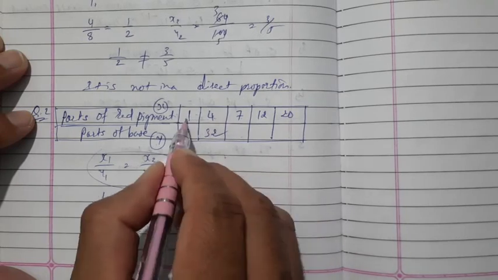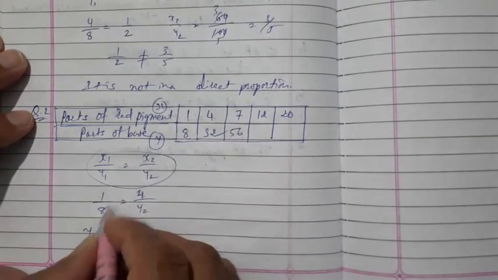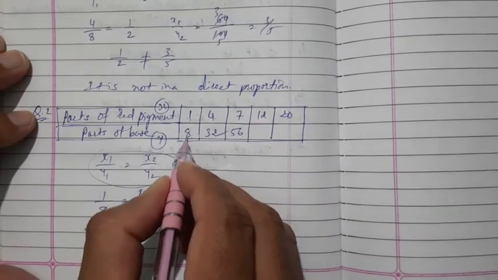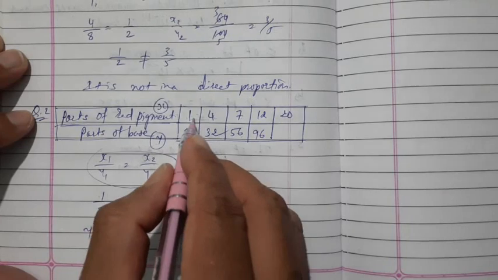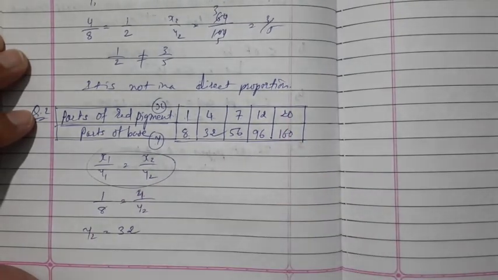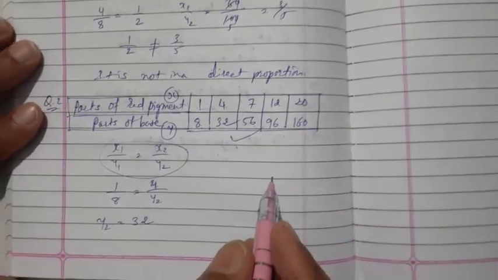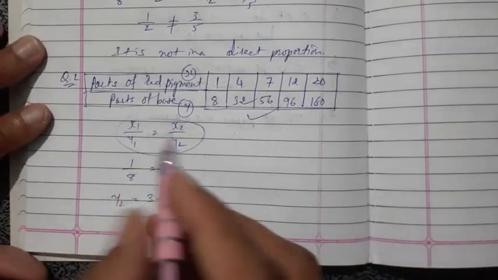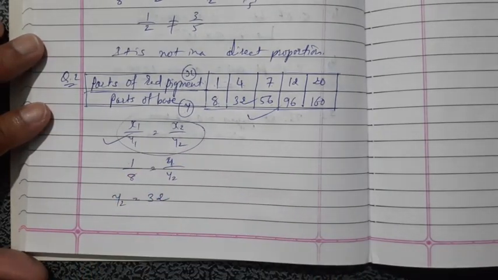Same here, 7 is there, 1 sevens are, so 8 sevens are 56. 1 12s are, then 8 12s are 96. 1 20s are, 8 20s are. Okay, directly just find out the answer. And if in a 2 marks question is there, you just use this formula and find out the answer.